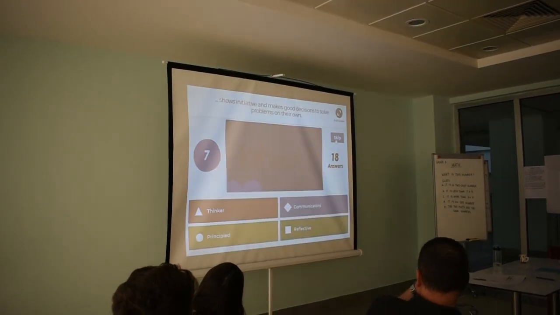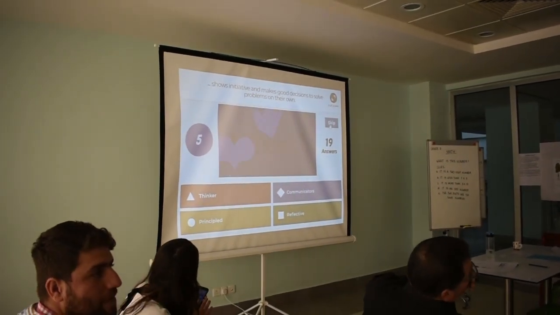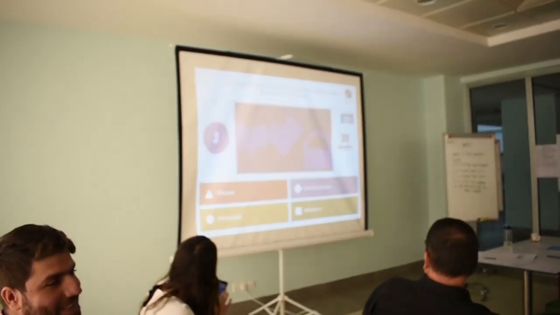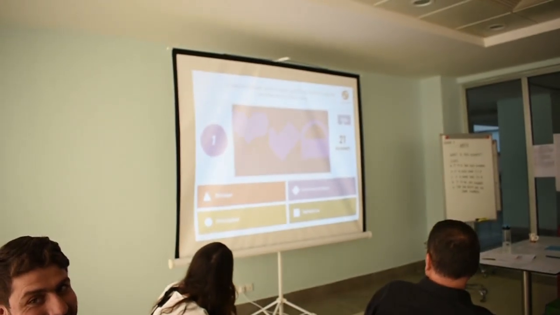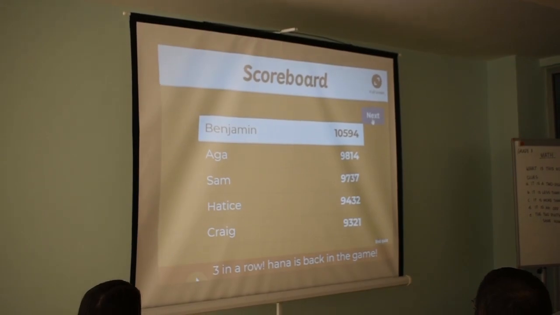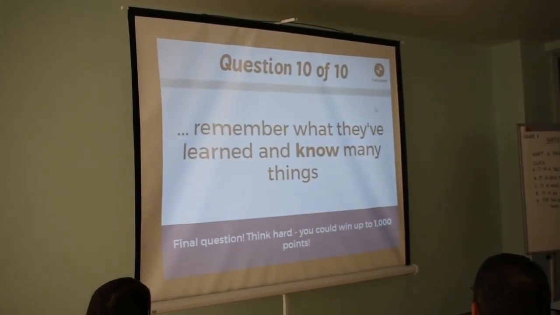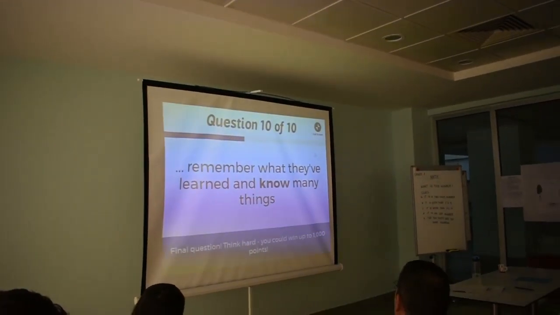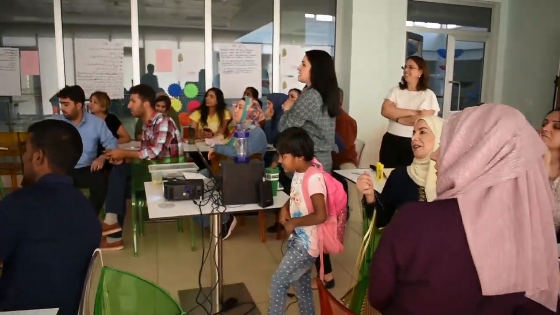Let's see, it's a match between Benjamin and Sam. Yes. Oh, I can go for second place now. Our final question, remember that they have learned and know many things. Caring, open-minded, thinker, and knowledgeable.